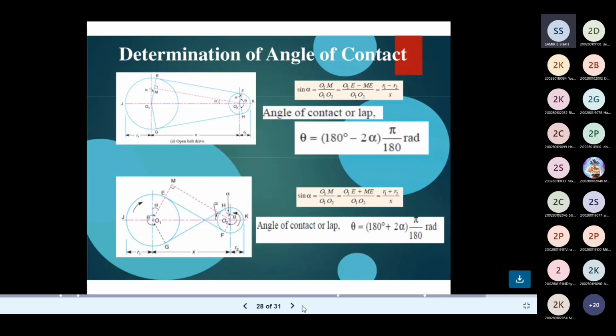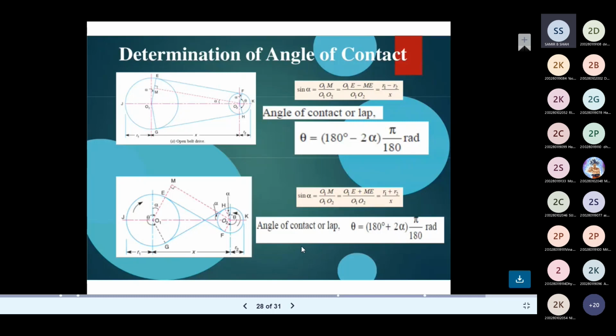So theta is equal to (180 minus 2 alpha) into pi by 180, as discussed earlier for the open belt drive.